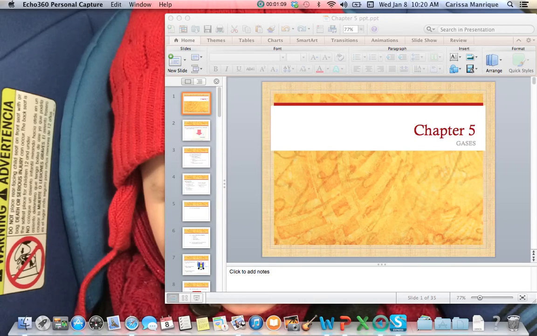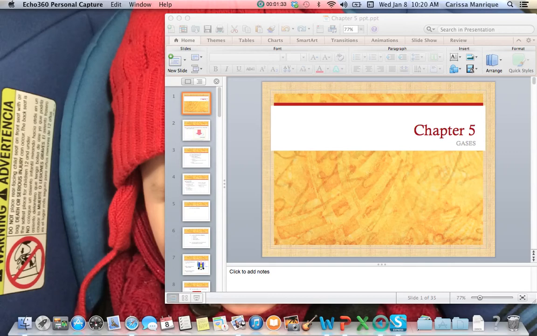So let's go on to chapter 5. Here we're going to learn about gases. We've learned about gases before. Remember, gases have the highest entropy, meaning the most chaos, because they can move around the most compared to a solid, which doesn't move at all. A liquid moves some, but a gas moves wherever it wants.